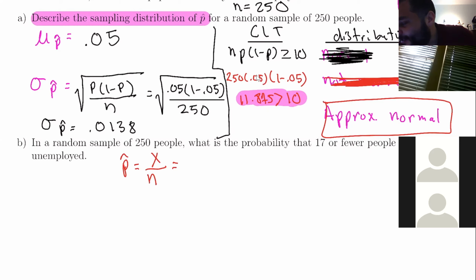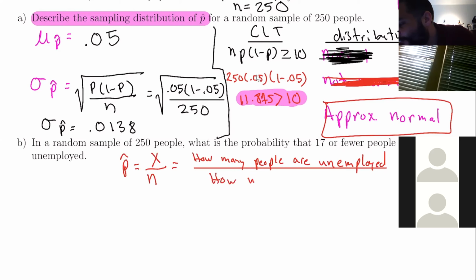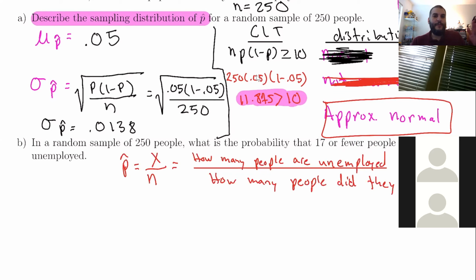So X is how many people are unemployed, and you divide that by how many people they sampled.